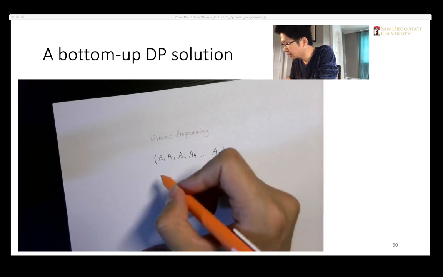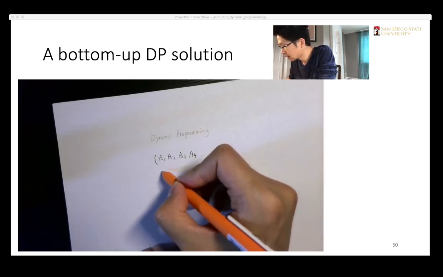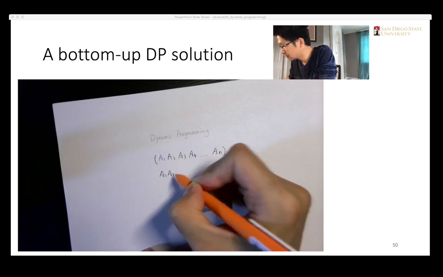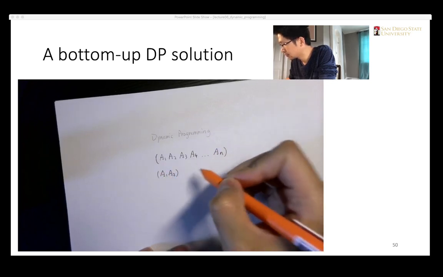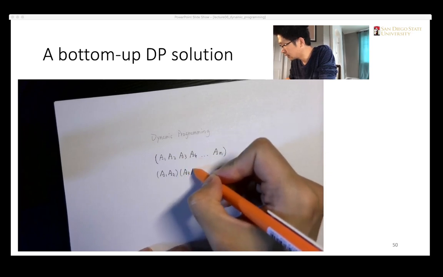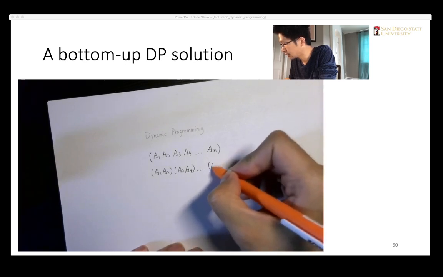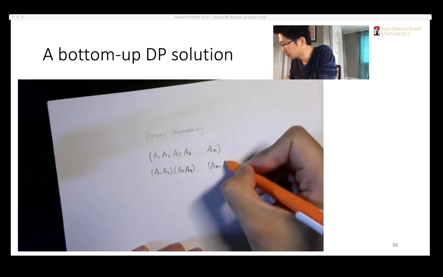For example, we need to solve A1 A2, we also need A3 A4, and we also need A(n-1) to An.